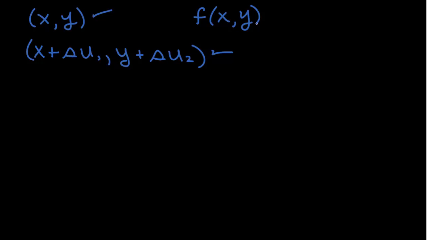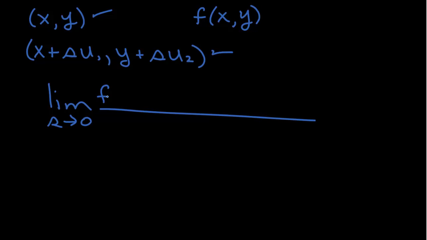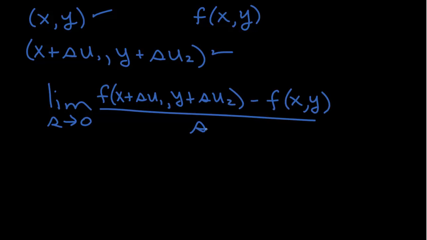So let's talk about the derivative. Here we go. We're going to take a limit as s goes to 0. In other words, we're looking at this horizontal distance down here, or this distance on the xy plane. And up here, we're going to have f of (x plus s u1, y plus s u2) minus f of (x, y), all over s.